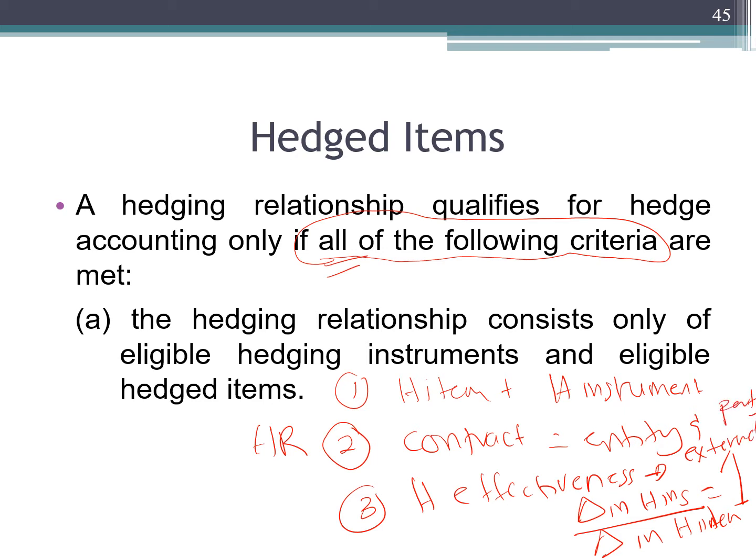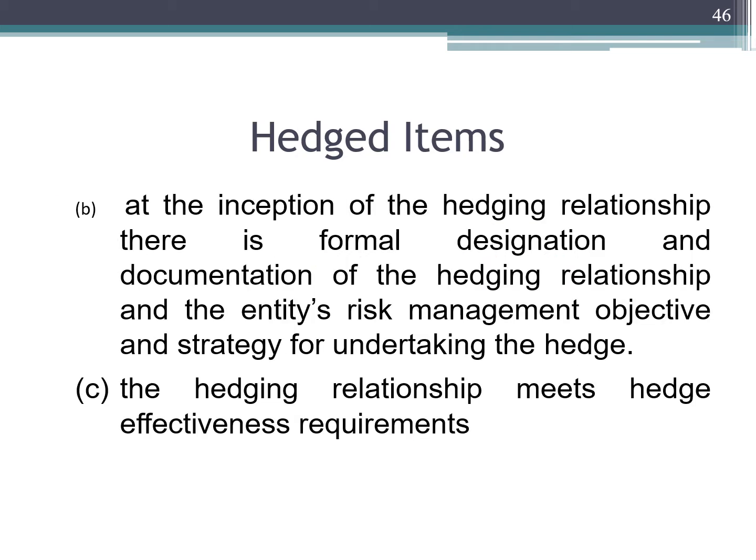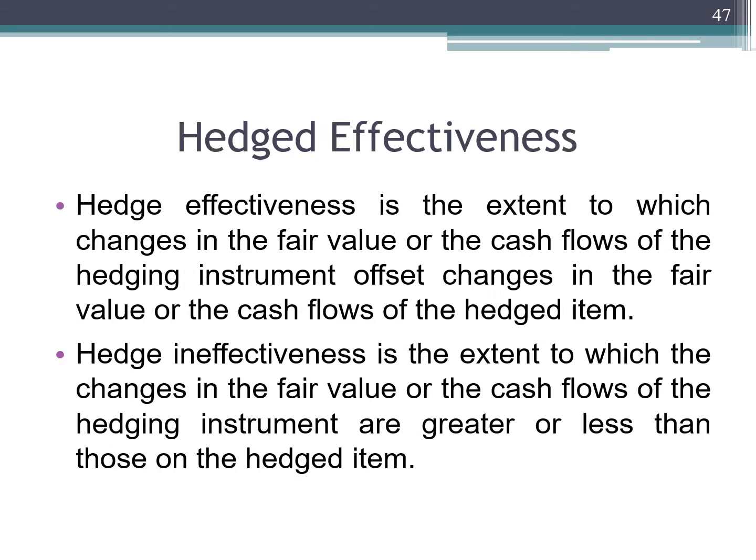And then the last thing that you need to check here is the hedge effectiveness. The hedge effectiveness here is the changes in the hedge instrument divided by the changes in the hedge item, in terms of changes of value. I already discussed the hedge effectiveness requirements. To check for the hedge effectiveness, you need to compare the changes in the fair value of the hedge instrument divided by the changes of fair value or cash flow of the hedge item.